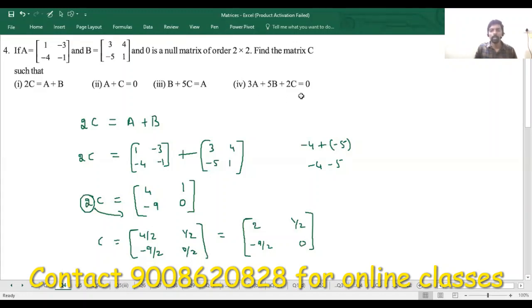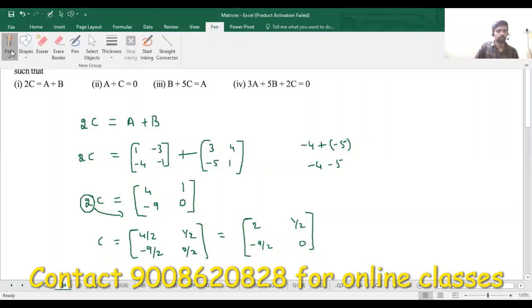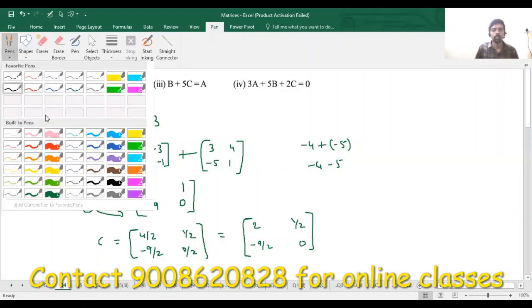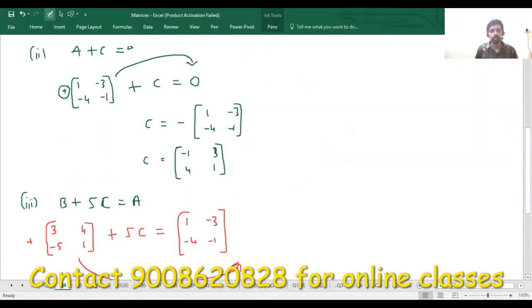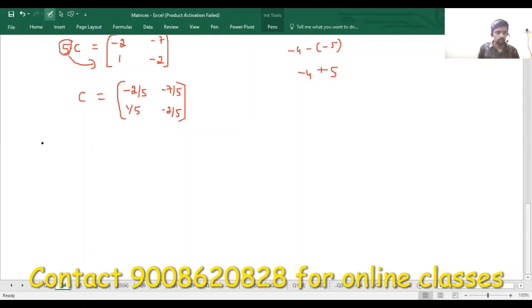3a plus 5b plus 2c is equal to 0. So guys, now in place of a, you need to substitute a matrix.